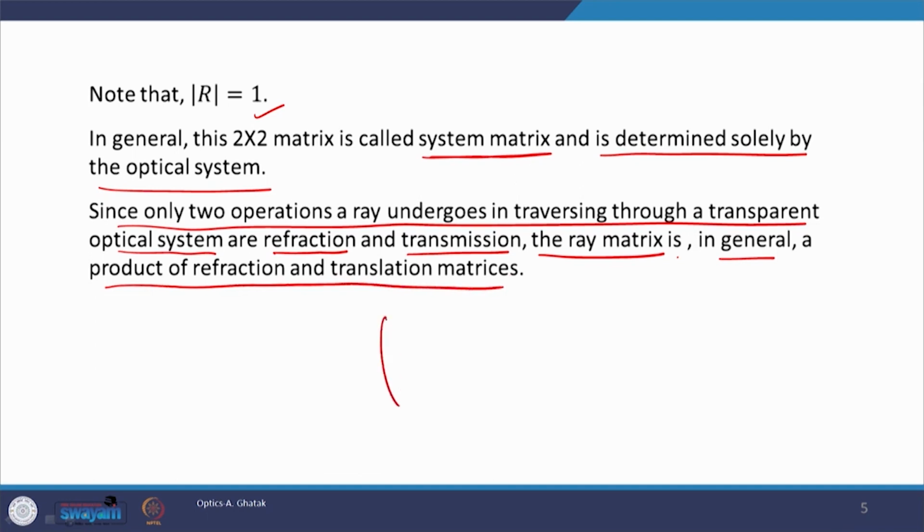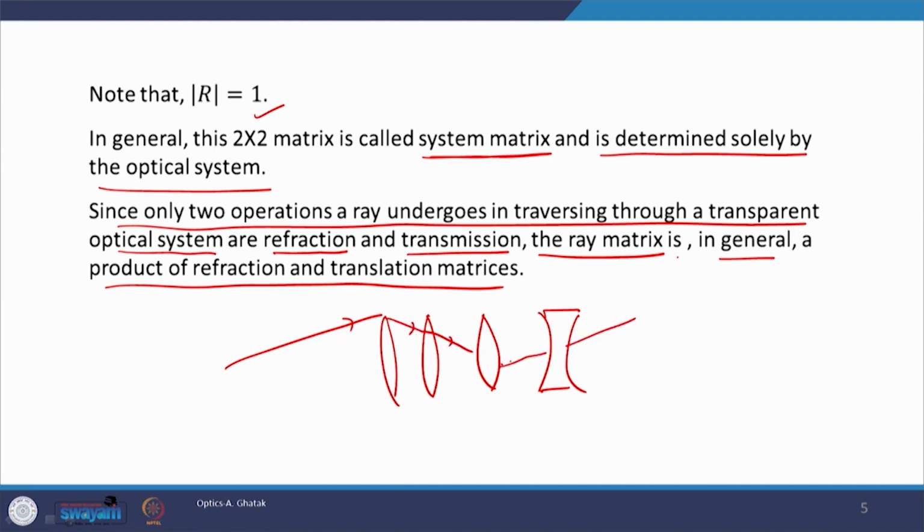Suppose we have a number of optical components which are kept in some order, and you launch a ray. It will go through multiple refractions. What you see here is a translation, and then here refraction happens, and then within the lens again a translation, then here again refraction, then again translation, refraction, translation, refraction, and so on and so forth. For each refraction and translation, we can write a matrix.